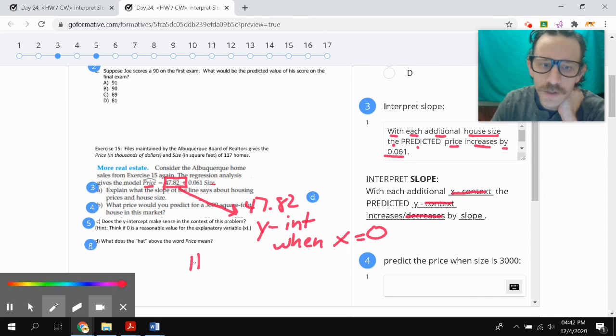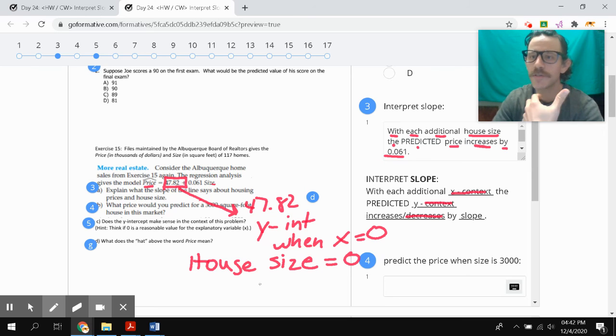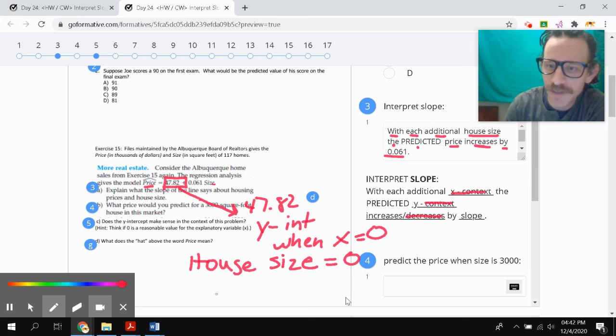So if we talk about this as the price, 47.82, that happens in the best fit line when the house size equals 0. Can you have a house that has 0 square feet? Like no space? Is that a house? No, it doesn't.